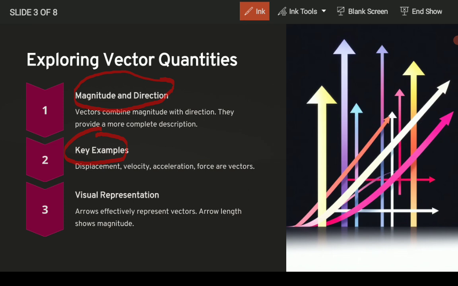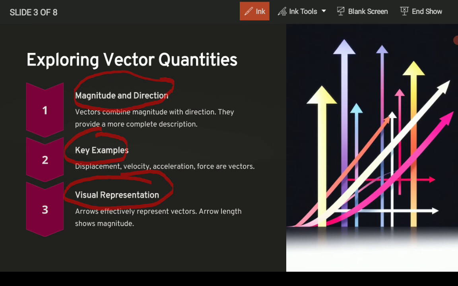When it comes to representing vectors, we use arrows to represent the direction, and the length of the arrow shows the magnitude, or how big the vector quantity is.